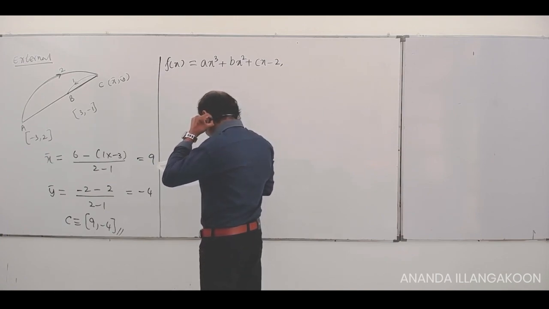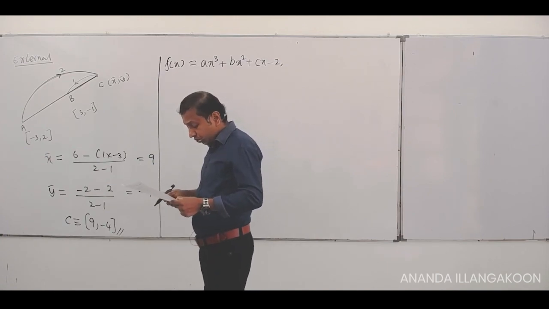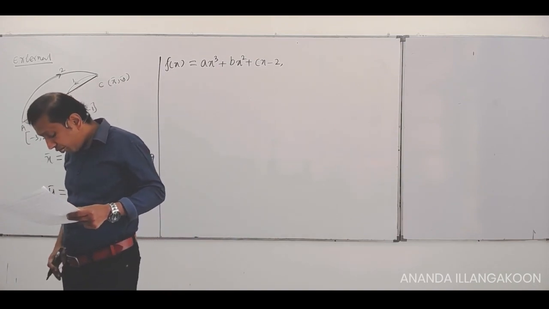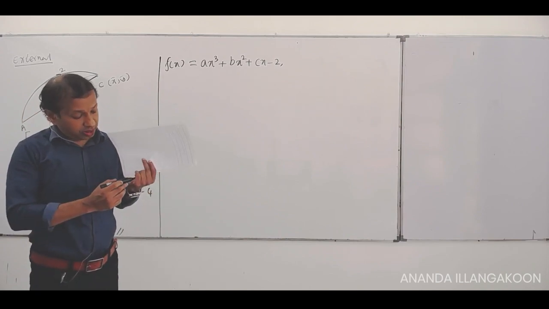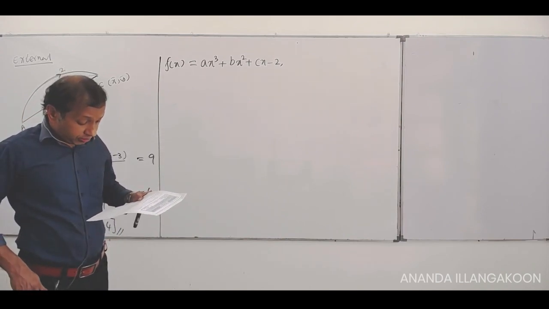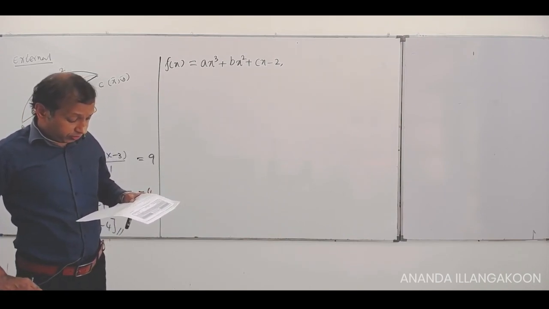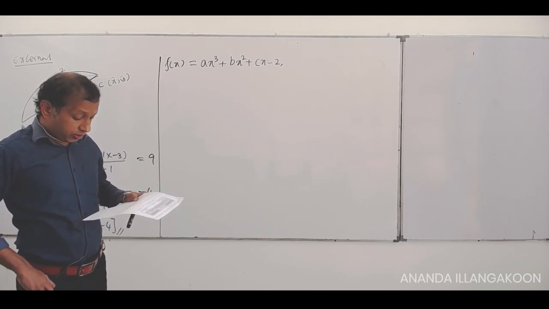A, B, C are real numbers. It is given that x minus 1 and x plus 1 are factors of f(x), right? X minus 1 is a factor, x plus 1 is a factor.